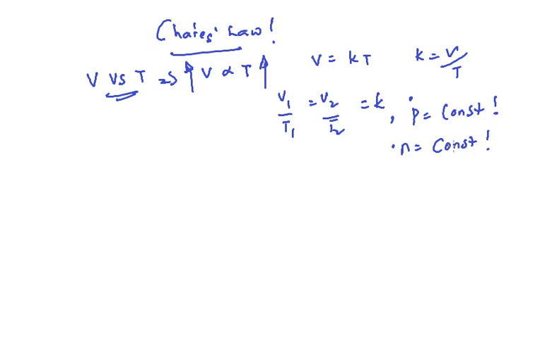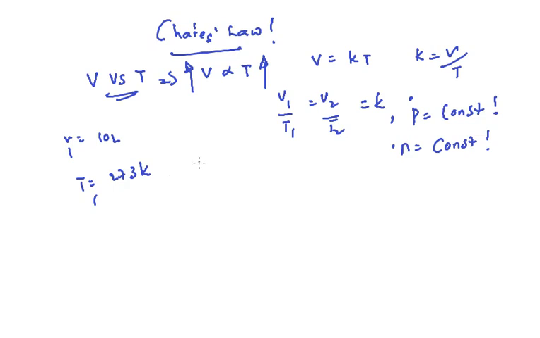So let's see a practical example to see if Charles' law makes sense. Let's say volume 1 is 10 liters, and temperature 1 is 273 Kelvin. Kelvin is the unit of temperature in the SI system.